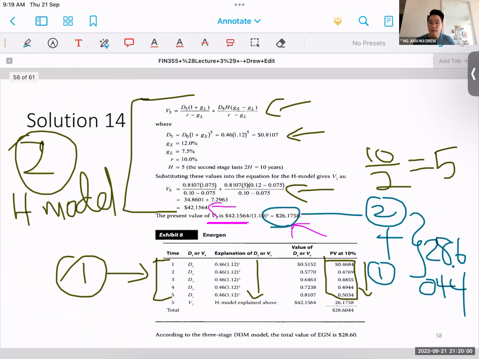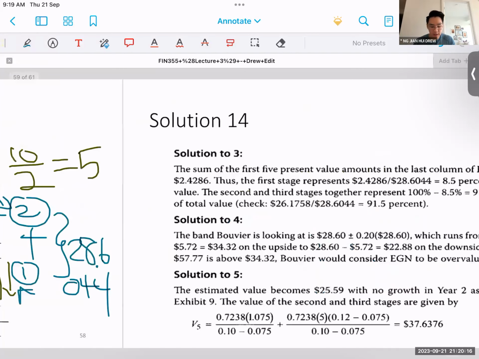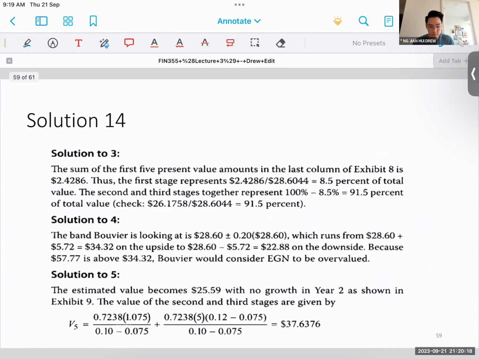We know that the first stage is represented by what we have done here, number 1. And stage 2 and stage 3 are given by our H model, what we calculated here. So it's not so difficult. We just take the combination of the PV of the cash flows, divide by the total, you get this, and then you just take 1 minus 8.5%.